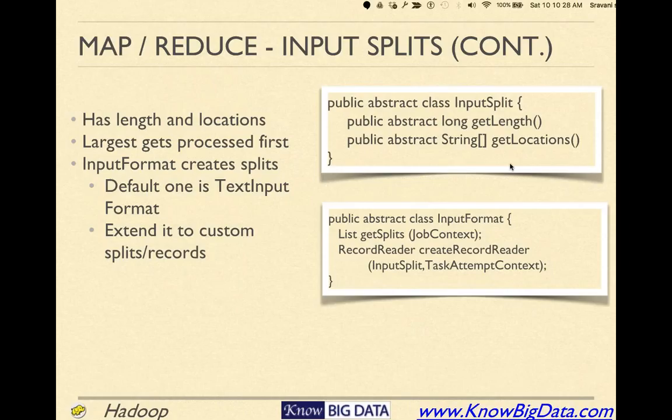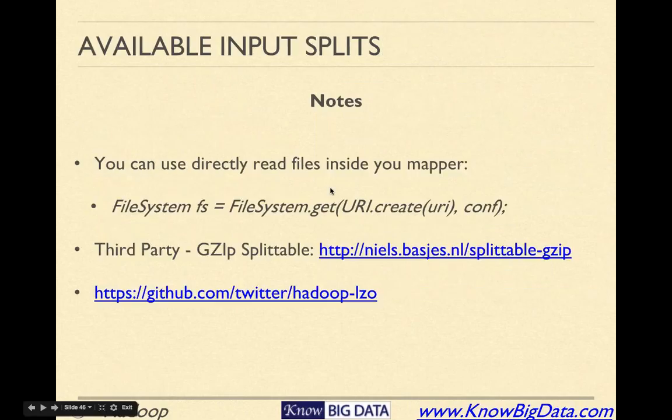Good. So his question, from Mahesh, is that when we try to read from the file system, like using the file system API, does it read all the blocks or only the block of the data?